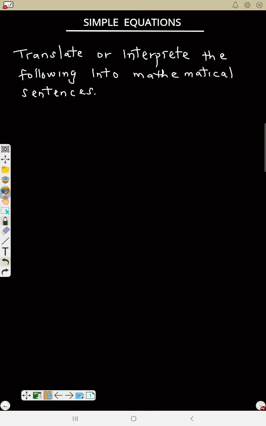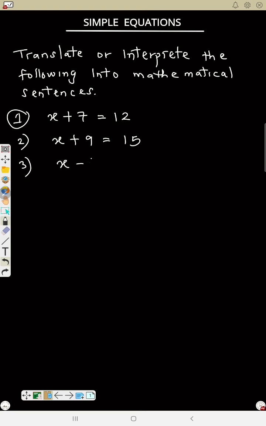So, number 1, s plus 7 is equals to 12. Number 2, s plus 9 is equals to 15. Number 3, s minus 10 is equals to 5.